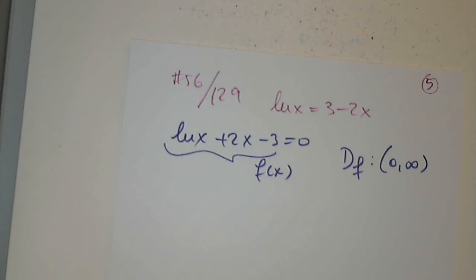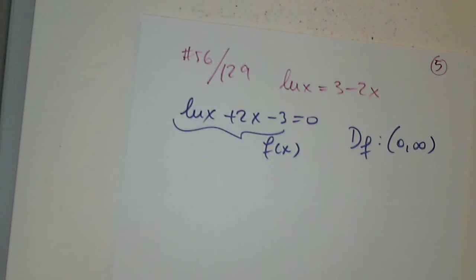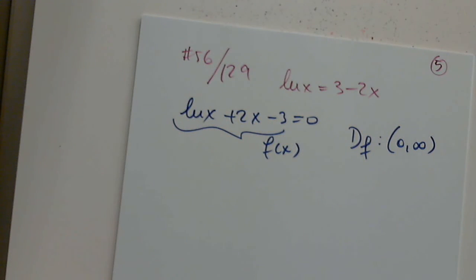Perfect. So then I will plug this function into the graphing calculator and I will start plugging in numbers. So please plug it in. In y equals, clear everything else, and let's put in natural log x, close the parenthesis, plus 2x and minus 3.